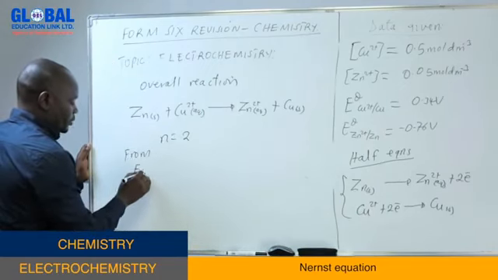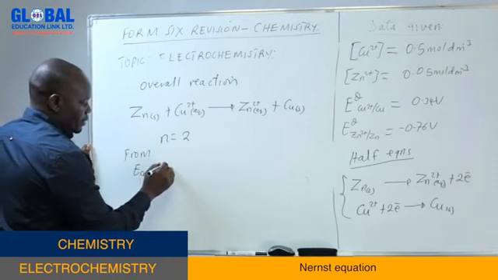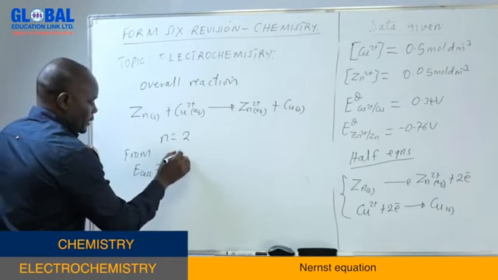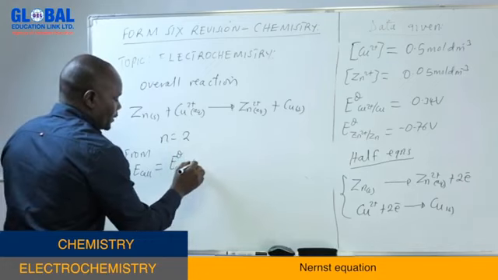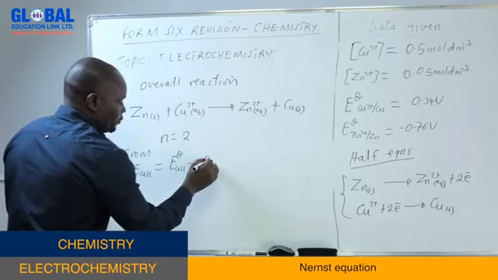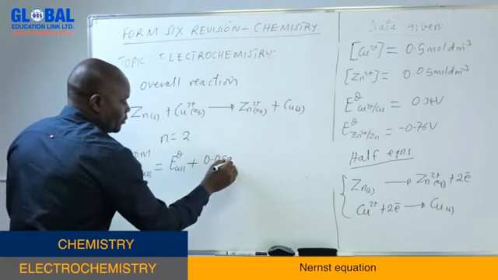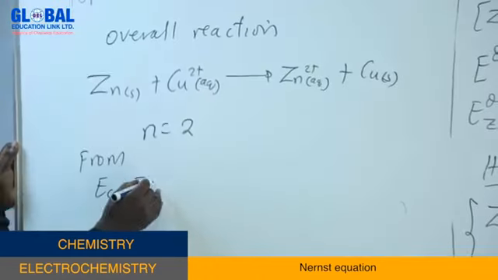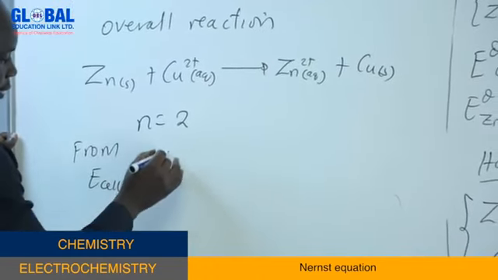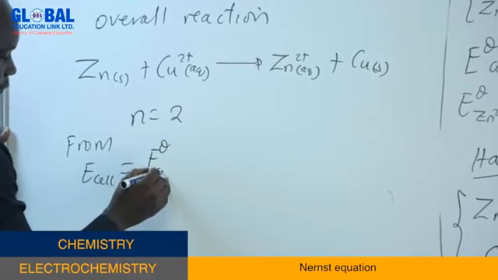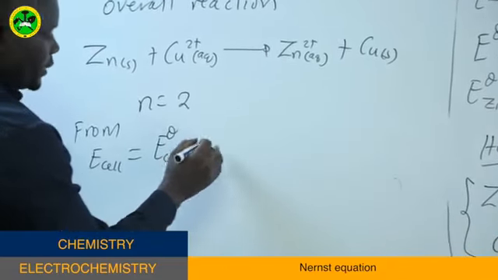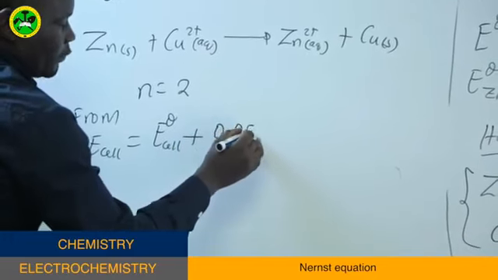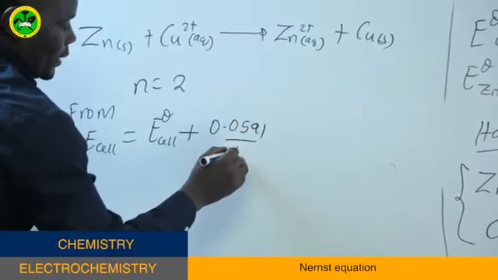So from the next equation, the standard electrode potential of a cell is equal to the standard electrode potential, minus or plus, let us use plus, 0.0591 over n. Now n given there is 2, times log of the reduced species, which is copper, and the concentration of copper here is 0.5.